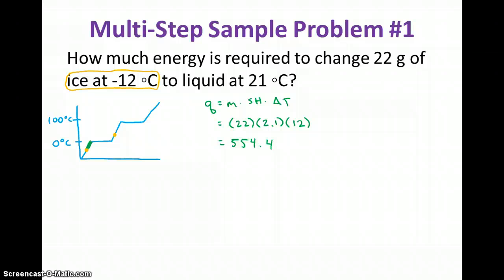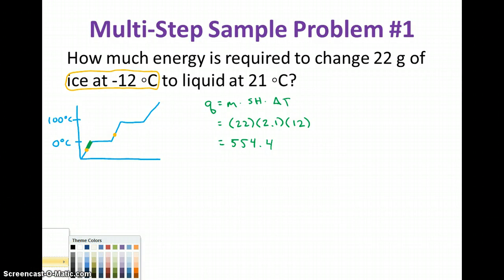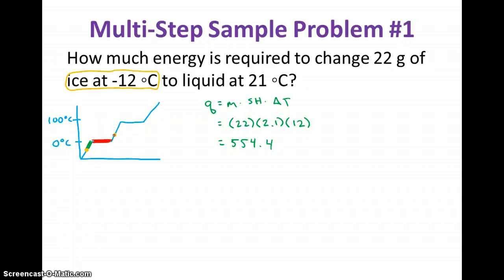The next portion of this graph is this part right here. Okay, that is melting from a solid to a liquid. Now there's no change in temperature, so I can't use the heat equation. I have to use my other one. This is Q equals the mass times the heat of fusion, because fusion is the process that is happening in this melting stage here, okay?